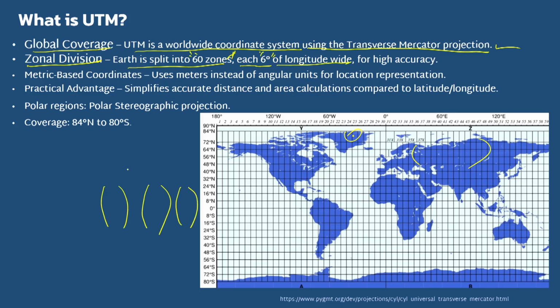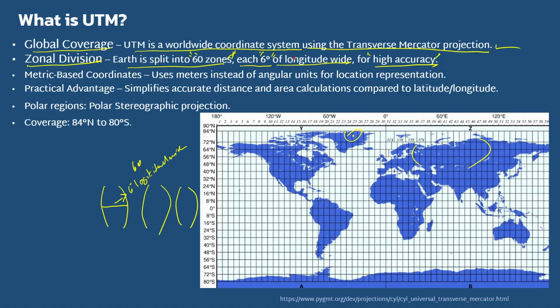So, we have arrived at altogether 60 zones, each 6 degrees of longitude wide, for higher accuracy. As I said, in order to get higher accuracy, we are splitting the zone into small parts, so that we can increase the accuracy. So, the 6 degree wide zone we are slicing, so that we can have a good accuracy result.